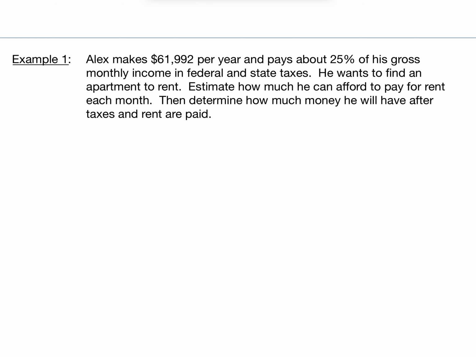The first thing to do is to determine what Alex's gross monthly income will be. If we take $61,992 and divide that by 12 months, that gives us $5,166. Then we take 25% of that gross towards federal and state income tax.